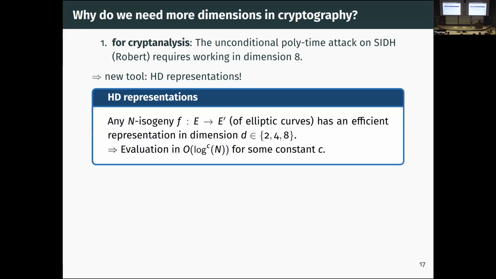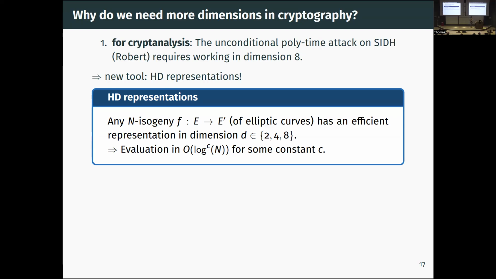Even if we have a prime degree isogeny in dimension 1, where the evaluation usually would take O(n) time, so O(n) in the degree, we can find a nice representation in higher dimension for which we can evaluate it in time logarithmic in the degree. So even for mathematical purposes, this gives us a very nice tool.